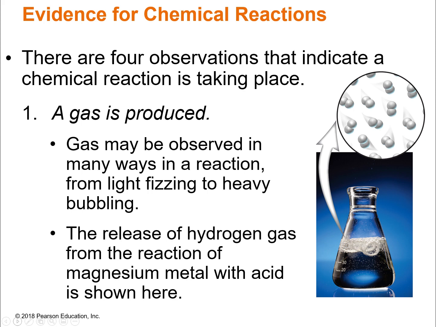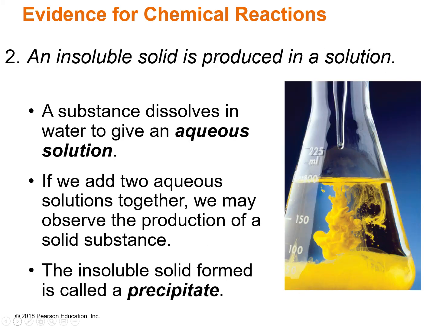You're dissolving something. You're generating some gas. It could be light fizzing, just a few bubbles, or it could be like crazy fizzing. But the release of gas is shown by bubbles. So that's one way that you can tell a chemical reaction is taking place.